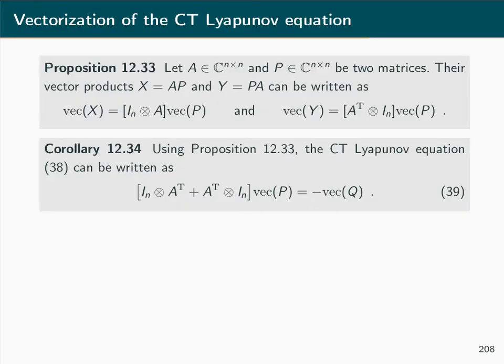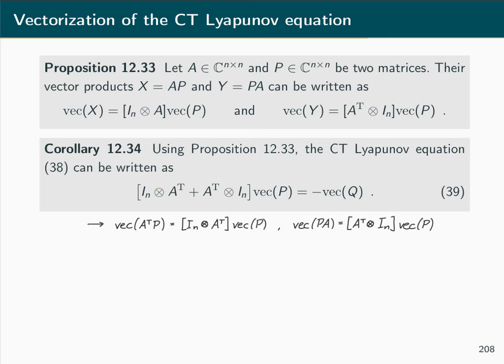Next, from proposition 12.33, corollary 12.34 immediately follows, which states that the continuous time Lyapunov equation can be written in vectorized form like this. The proof is really straightforward.